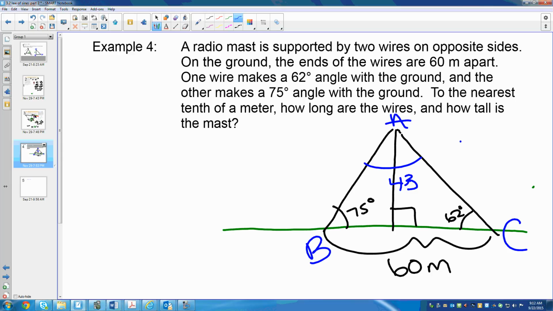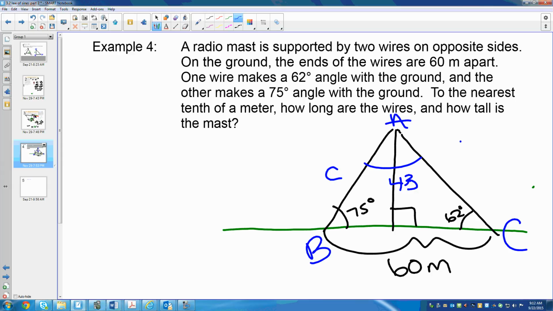Good. We can use the sine law. So we can say 60 over the sine of 43 is equal to side length C over the sine of 62. Can I have this half do that? Can you solve for side length C? I'm going to split the middle table right in half.